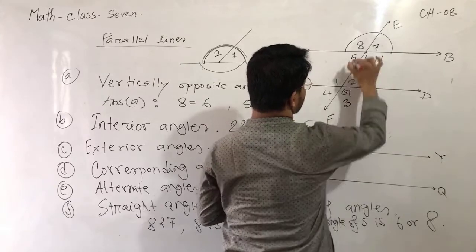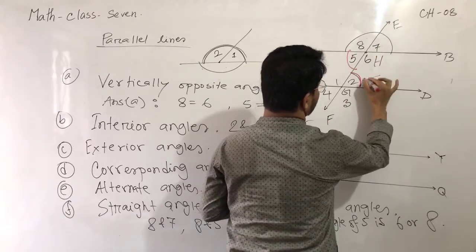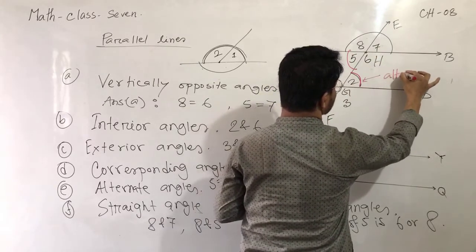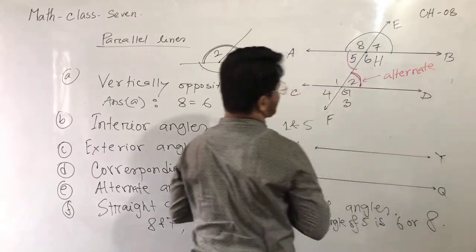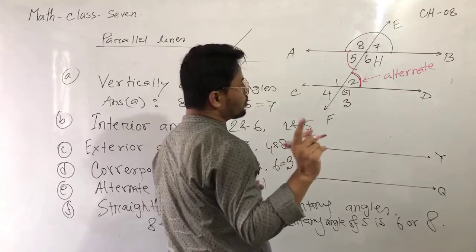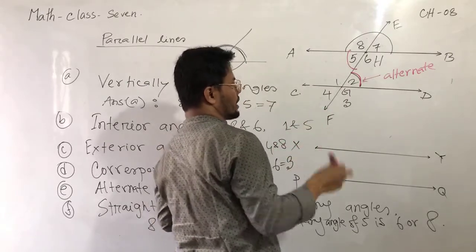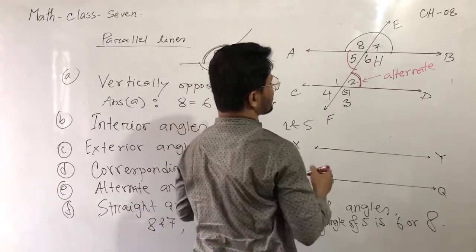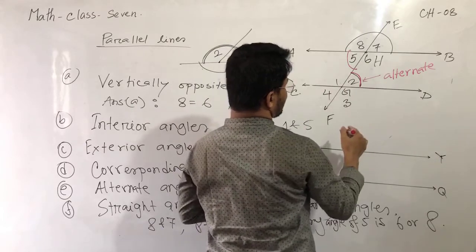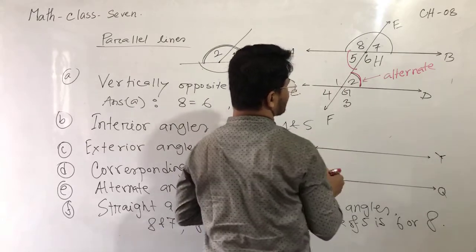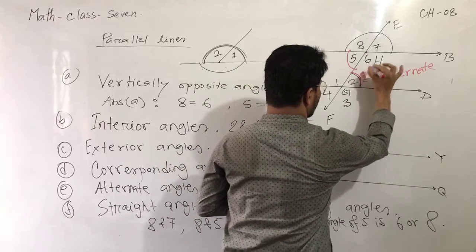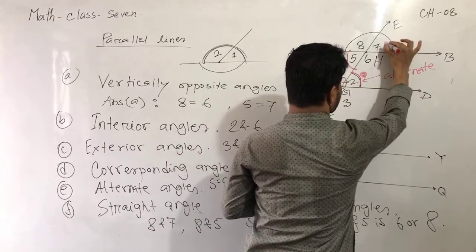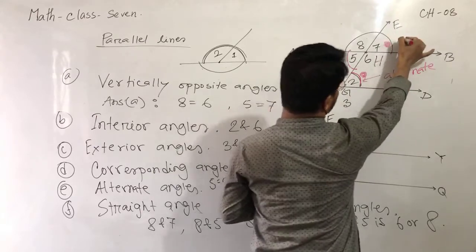These two angles and angle 5 are alternate. Maximum time students make mistakes in finding alternate angles. 5 and 2 alternate. And 2 and 7 corresponding.